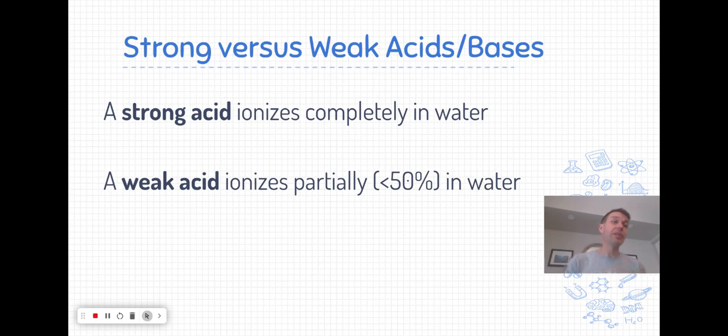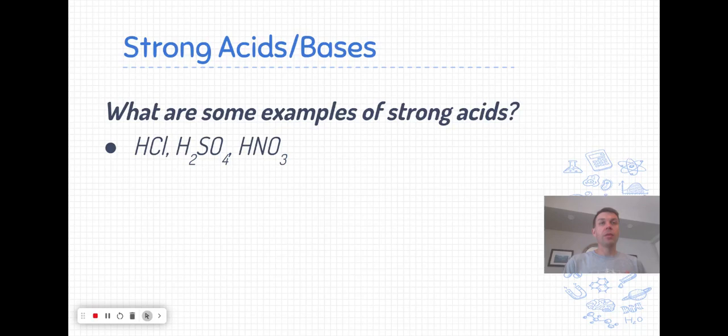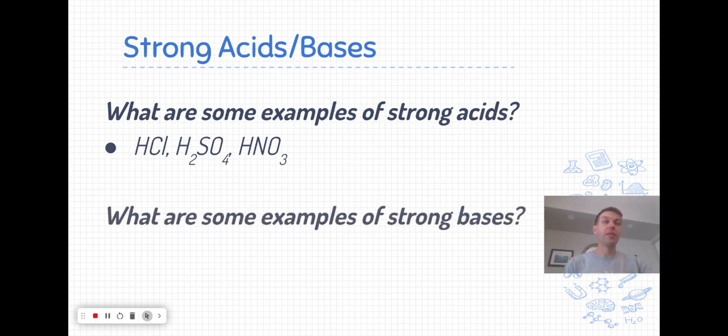This is an incomplete reaction, where less than 50% of the molecules release their hydrogen ions when they're dissolved in water. Many of the acids which we use in chemistry class are strong acids: hydrochloric acid, sulfuric acid, nitric acid.